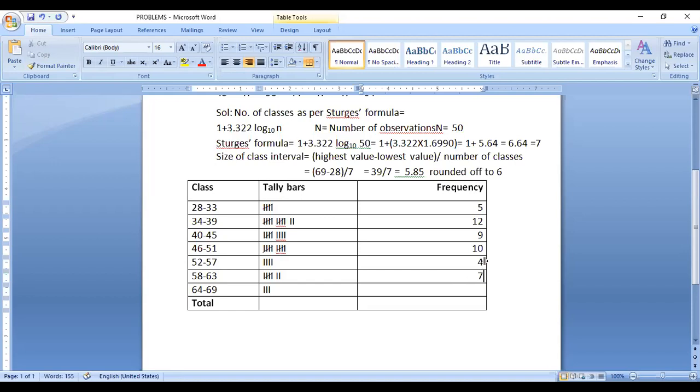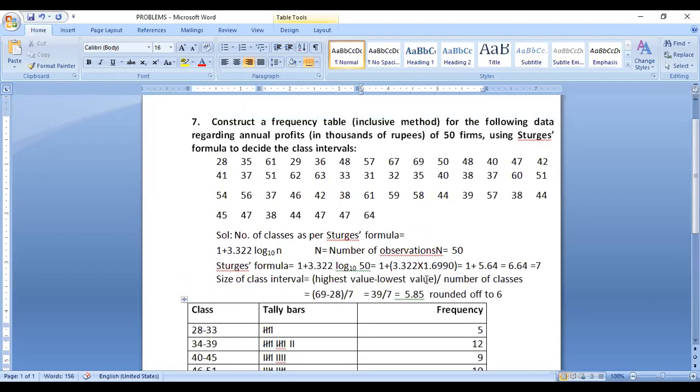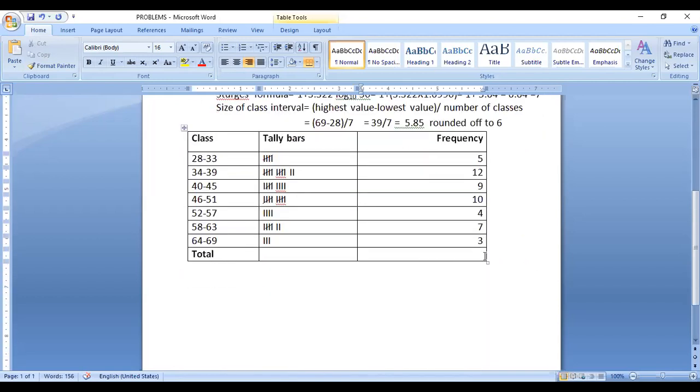Next 3 are there. Total: 5 plus 12, 17, plus 9, 26, plus 10, 36, plus 4, 40, plus 3, 50. So the total number of observations, 50, have been fitted into the table.